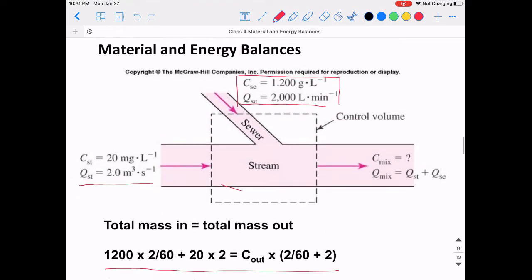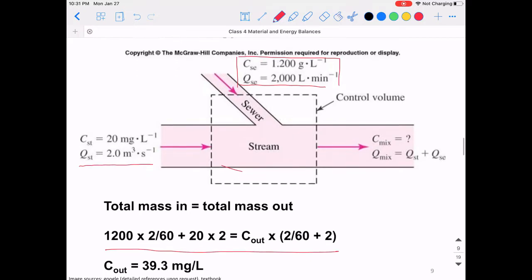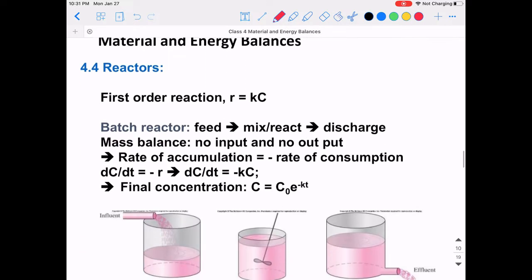Since we have already learned these basic mass conservations, you can see that there is no reaction taking place. Now we have to include the reaction or the consumption of these different species within this control volume. This is where we're going to introduce the reactors.